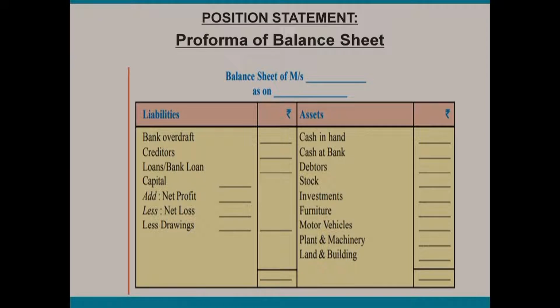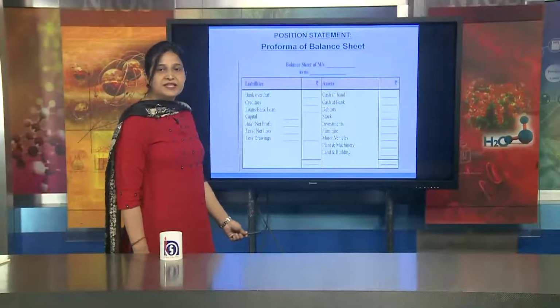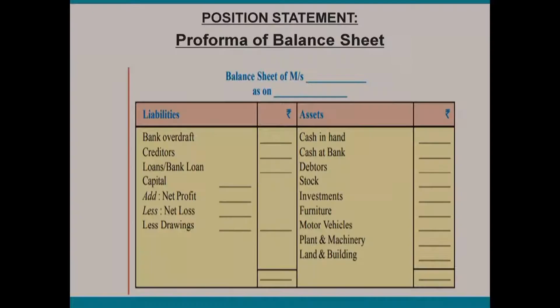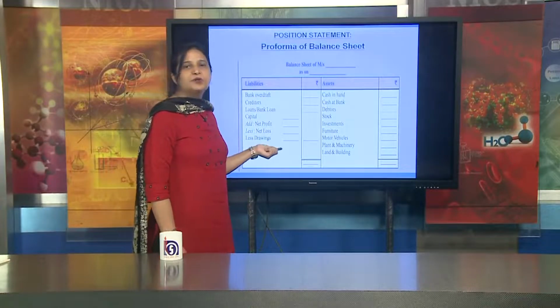On the liabilities side, you can see we will write the bank overdraft, the creditors, loan if any, capital, and to the capital we add the net profit. If it is a net loss, we subtract it, because when we were preparing the income statement, I told you that your net loss or your net profit, whatever it is, would be transferred to the balance sheet.